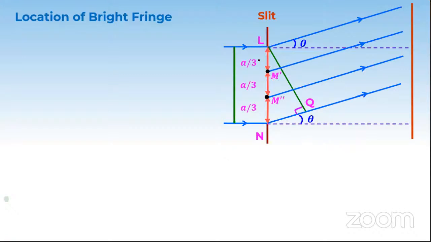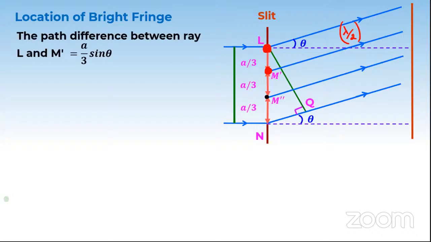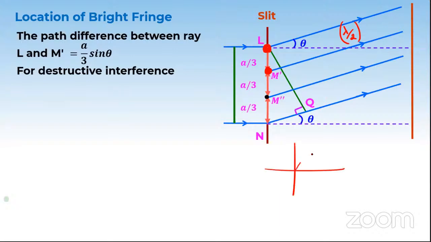Now again I'm going to use one more small trick here. I'm using lots of tricks, but forgive me, there is no other way. Two light waves coming from L and M are meeting at point P, and I'll tell you that they again have a path difference of lambda by 2. I'm just assuming this condition. The path difference was a by 3 sin theta, as already told you. Whenever they have a path difference of lambda by 2, when these kind of waves meet, they destructively interfere, they cancel out.